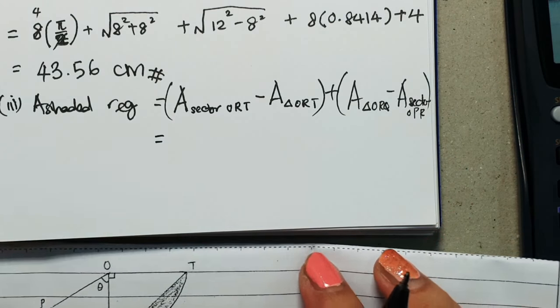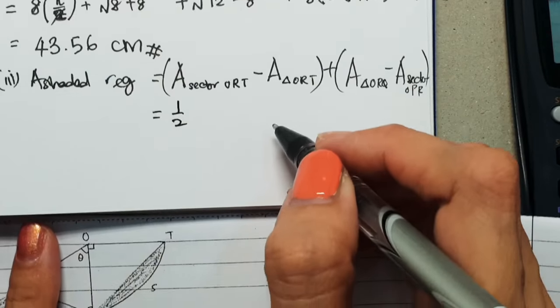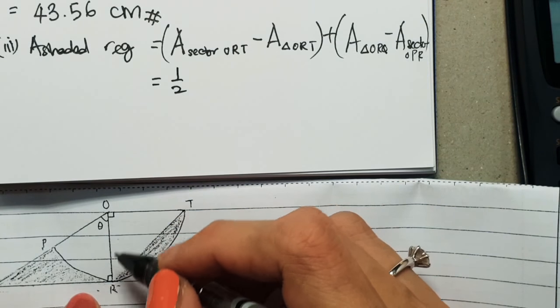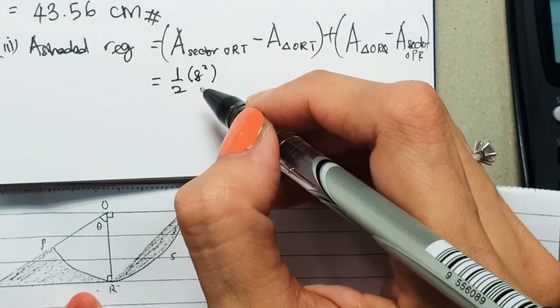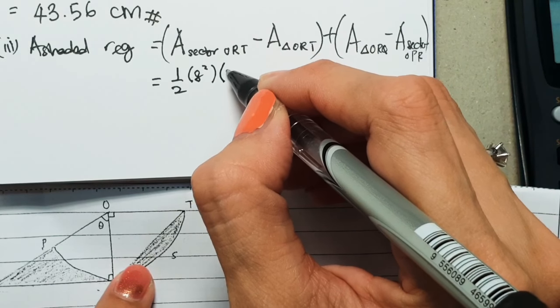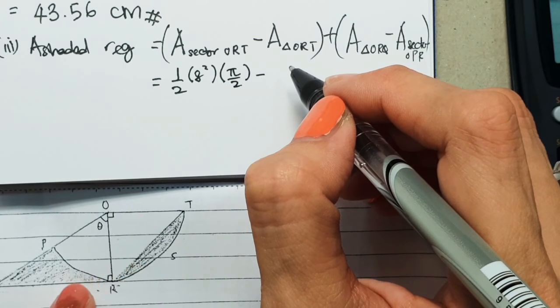Okay, so for this part, let's do it. Substituting the formula, the area of sector will be half r squared theta. What is the r? R is 8. So the theta is, again, pi over 2. And then minus the area of the triangle.